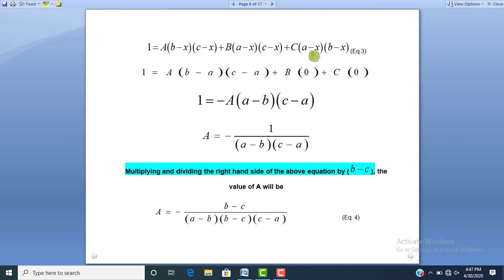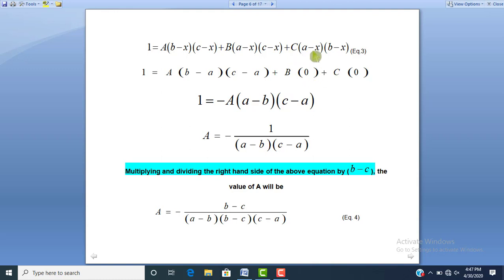This is equation number 3. So where there was x, we write the term a. Here 1 equals A into (b minus x), and we replace this x with a. Similarly, (c minus x) becomes c minus a. The term a minus x means a minus a, that results in 0. And c minus x means c minus a.